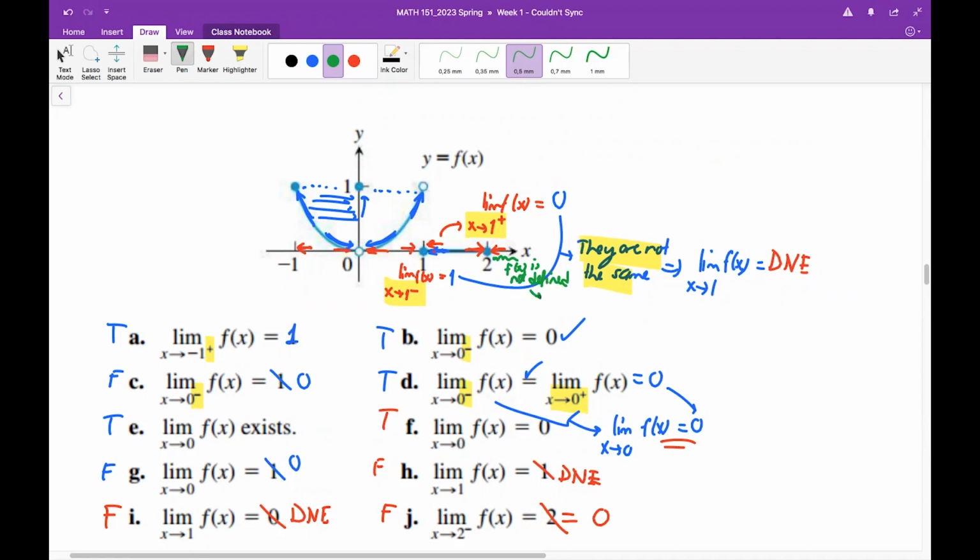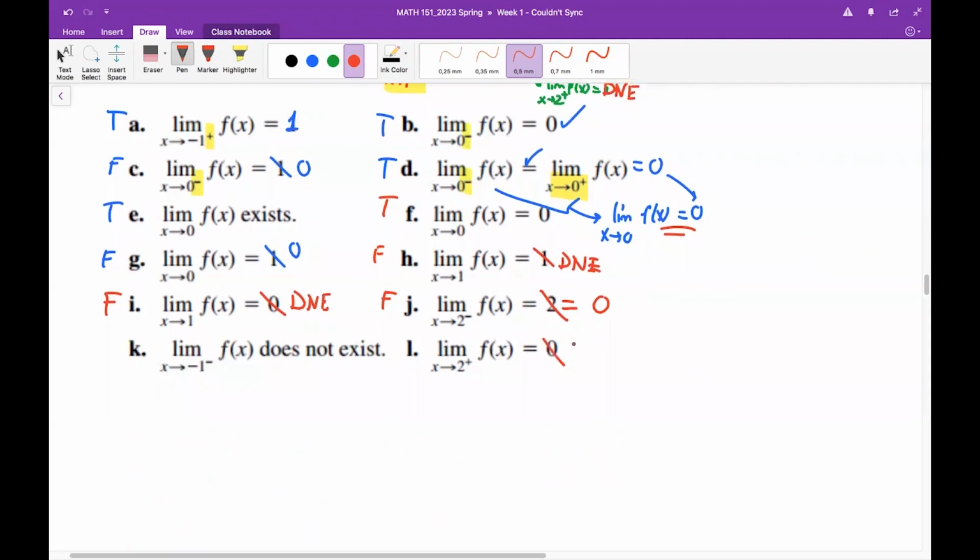That's why you cannot talk about the limit here. You will conclude that right-hand side limit of course does not exist because there is no graph there. So this is obviously not 0, it does not exist.